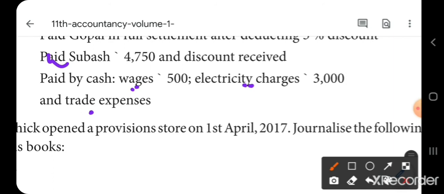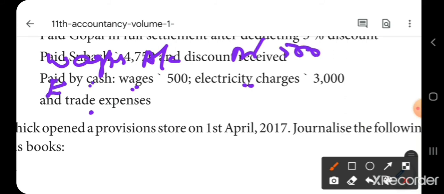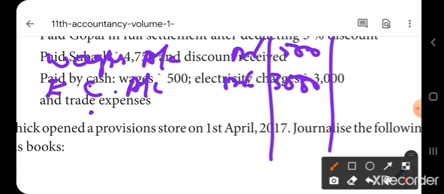So the entry will be wages account debtor 500, electricity charges account debtor 3000, then trade expenses account debtor 1000.